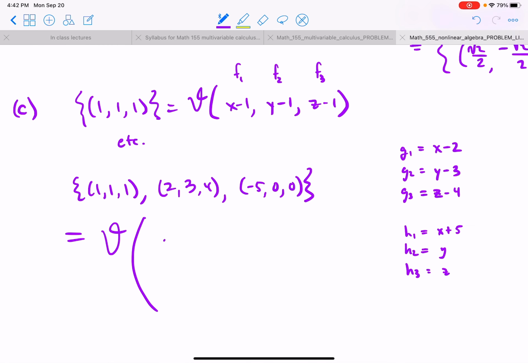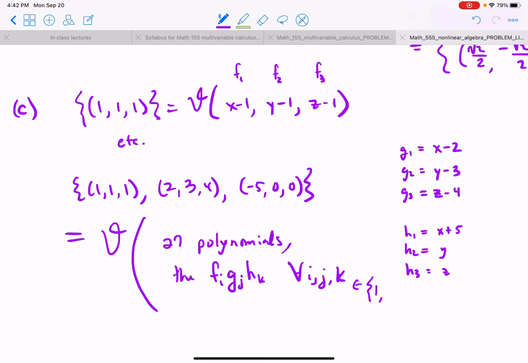Okay, 27 polynomials: the F_i, G_j, H_k for all i, j, k running over the set 1, 2, 3. Okay, there we go.